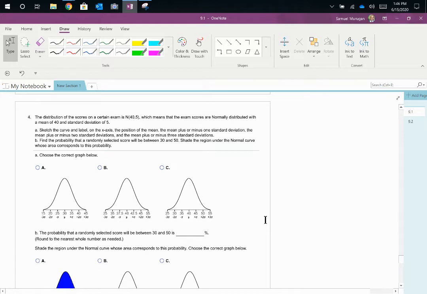Question 4. Given N(40, 5), which is a mean of 40 and a standard deviation of 5, we're looking for a graph where the mean is 40 and then plus or minus 5 points in each direction, which is graph C in this case. 40 plus 5, plus 5, plus 5 gets to 1, 2, 3 standard deviations.